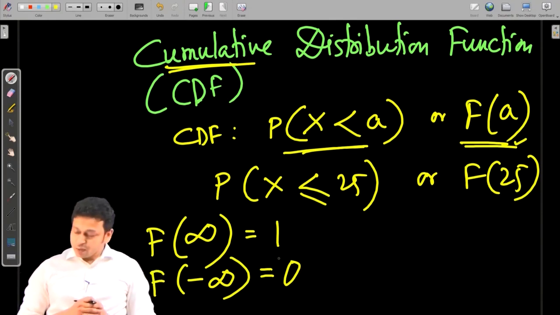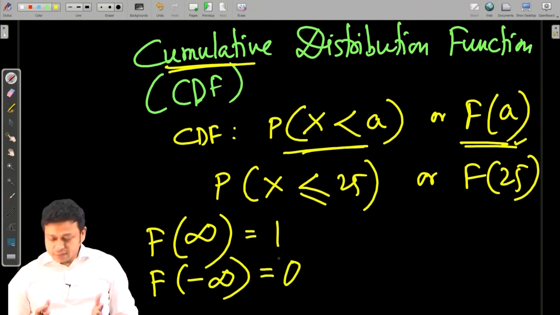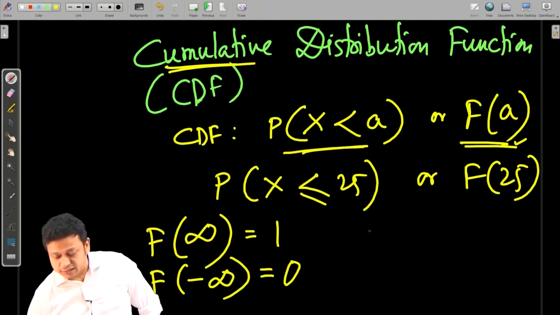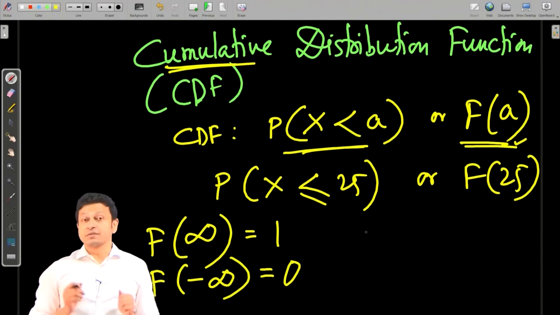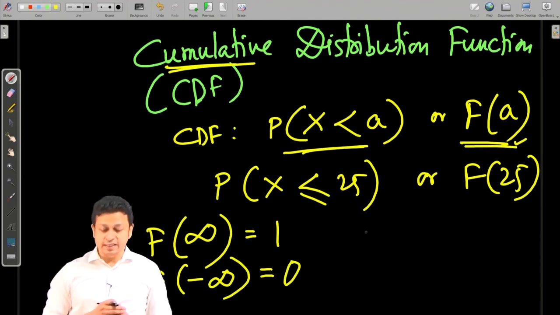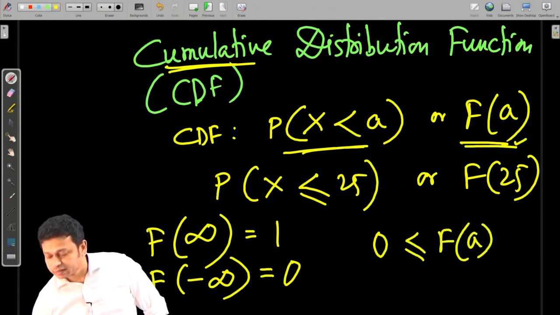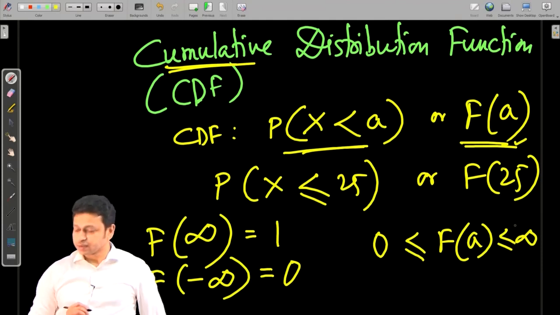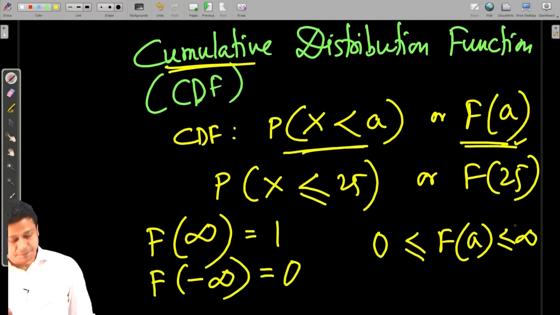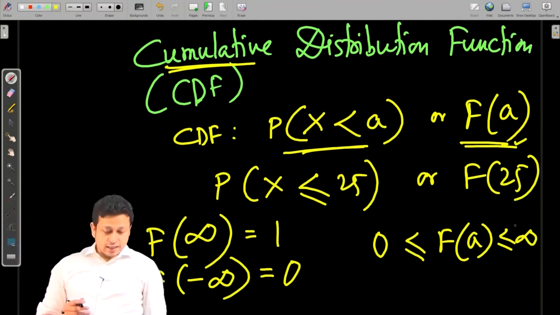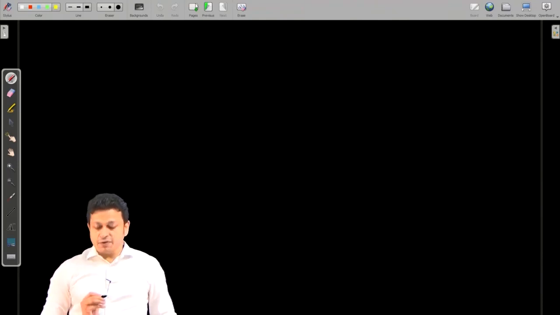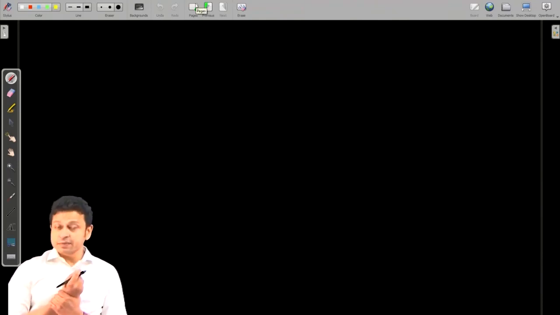Now, given this, we can write the distribution of a continuous random variable using the idea of CDF. So, it is always going to be between 0 and 1, f of a going from 0 to infinity. This is something we can always write. And as I said, it is the same for discrete random variable as well.